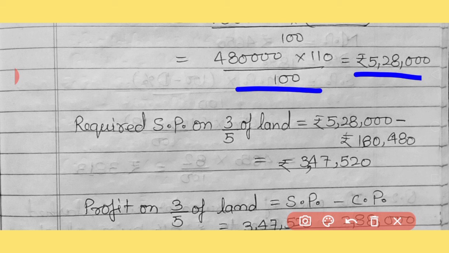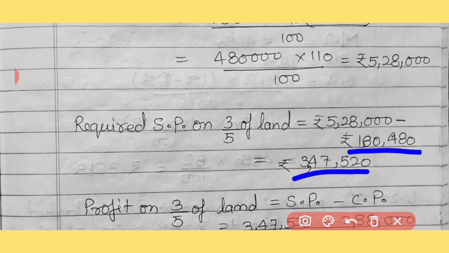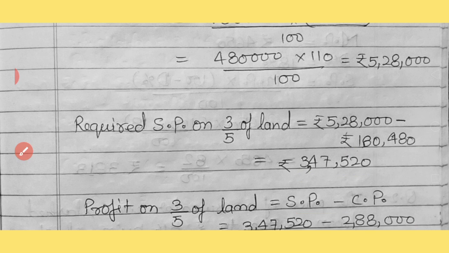The price needed on the 3/5 of the land is equal to the total selling price minus the selling price of the 2/5 of the land. So we subtract 1,80,480 from 5,28,000 and get 3,47,520 rupees.